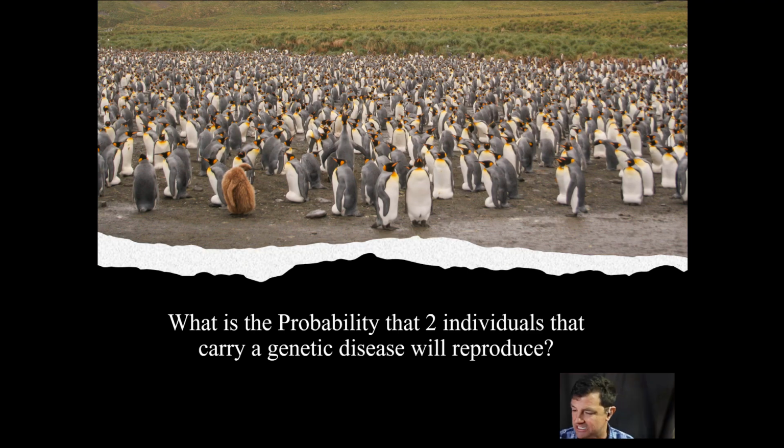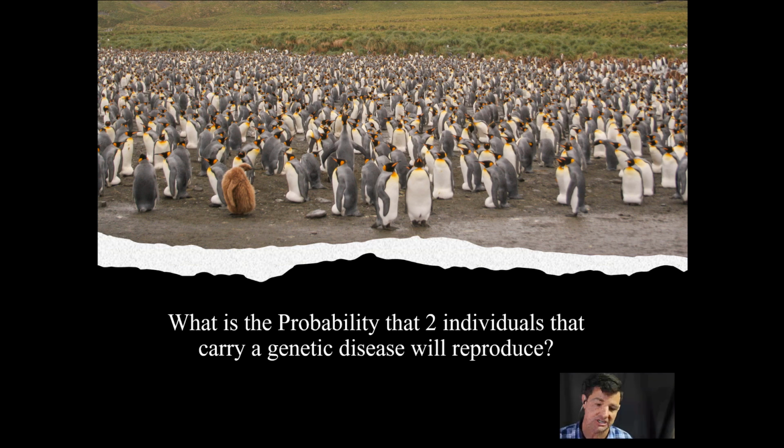So the next question is, what's the probability of two individuals that are reproducing having the same recessive allele for the same trait? Well, that depends, in part at least, on your population size. If you look at these king penguins, found in South Georgia Island near Antarctica, they have huge populations.